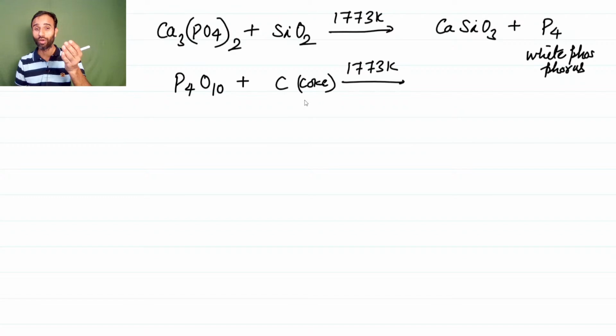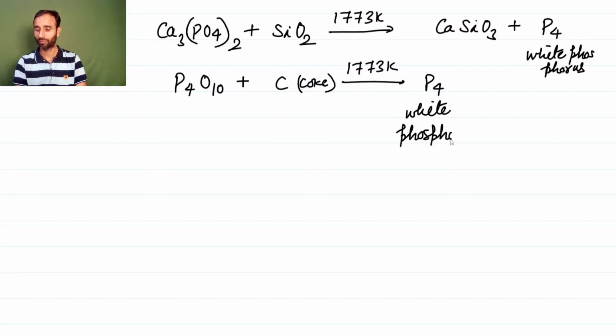So when oxygen combined with carbon, white phosphorus, preparation is of white phosphorus. So first is white phosphorus. Along with white phosphorus, tell me what is formed? Carbon monoxide or carbon dioxide?